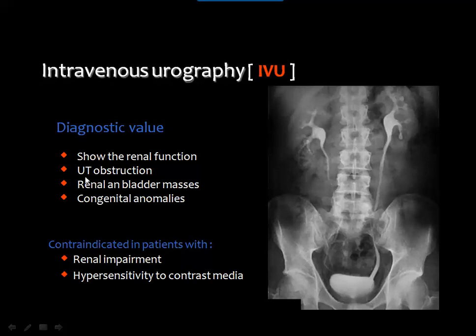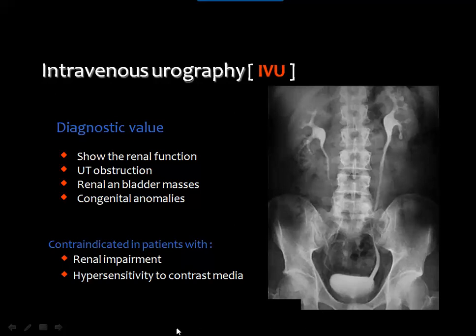And it's helpful to detect urinary tract obstruction, whether by stones or by tumors or polyps. It's good for the evaluation of the renal and the bladder masses, as I will mention, and it's very good for detection of congenital anomalies of the urinary tract, particularly the kidneys and the ureters.